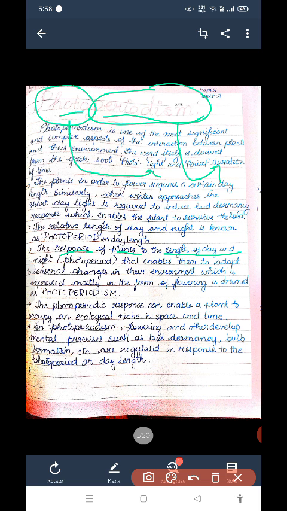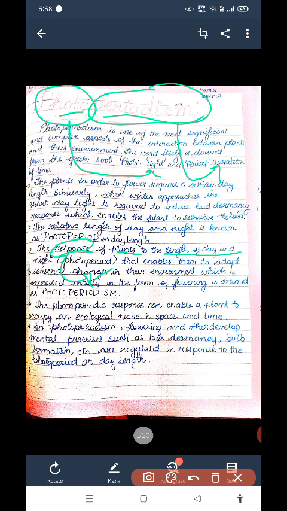of day and night. Okay, the response of the plant to the duration or length of day and night is known as photoperiodism. And because of this response, they are able to have changes. They change, and they can express this change in the form of many developmental processes.